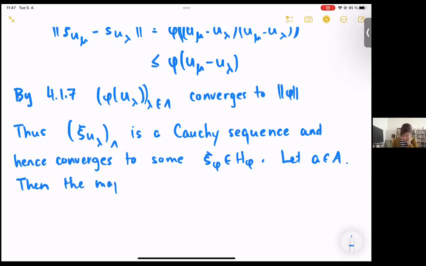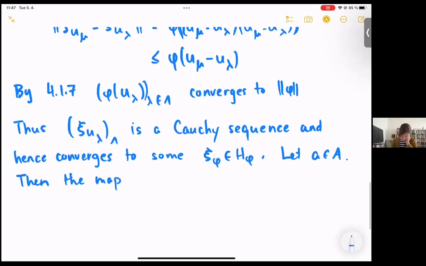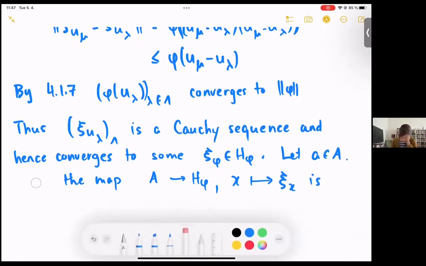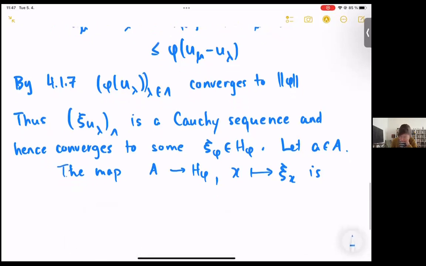For any a in A, we know that the map from A to H phi, which takes x to psi x, is continuous.